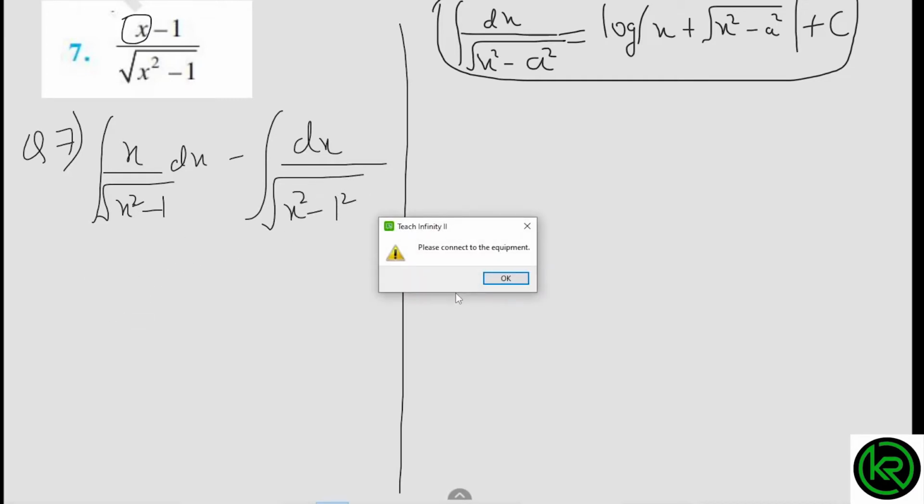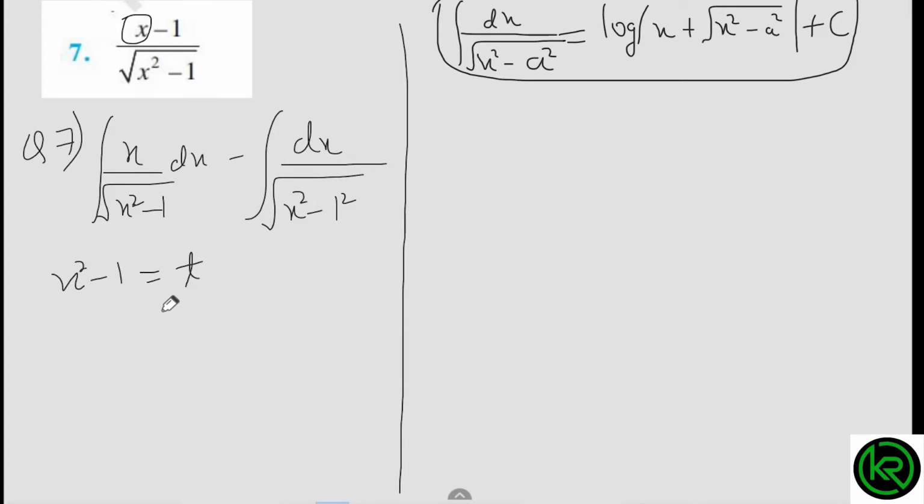Okay, now students, in the first integral you will take x square minus 1 equals t and differentiate both sides with respect to x. dt by dx will be equal to 2x, so x dx will be equal to dt by 2. Okay, so the integral will become very simple now.